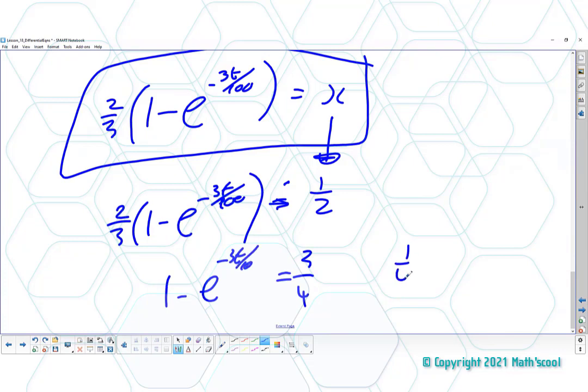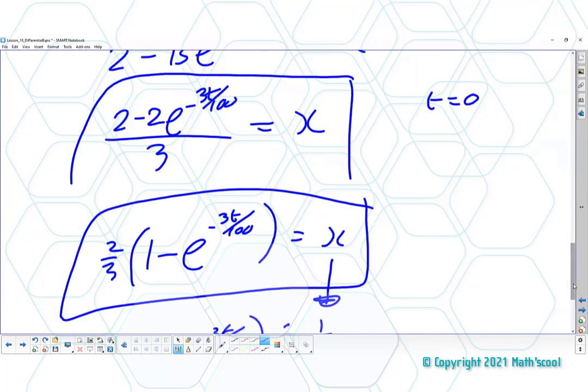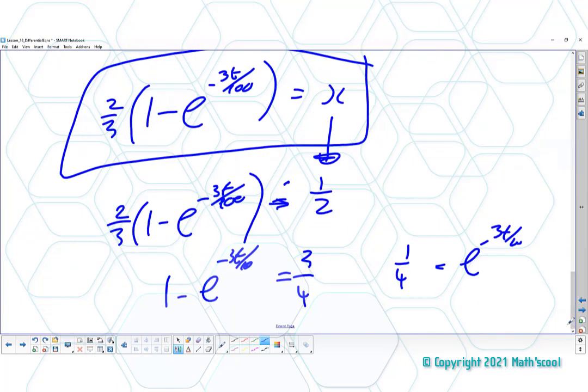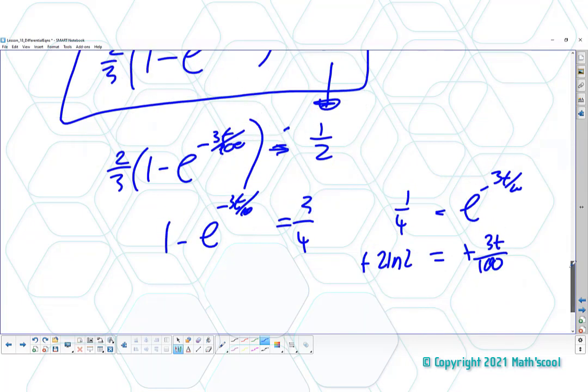And that's going to give us a quarter equals e to the minus 3t over 100. And that's going to give us minus 2 ln 2 equals minus 3t over 100. The minuses cancel out, and so that gives us 200 ln 2 over 3 equals t.